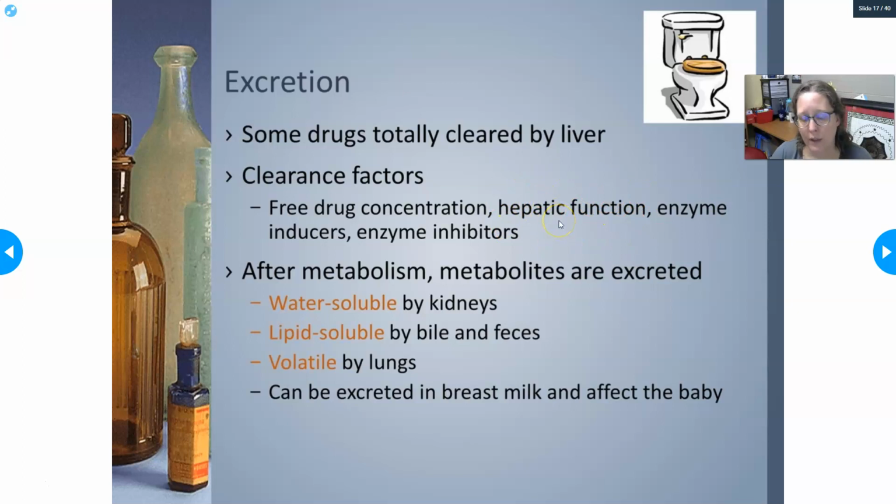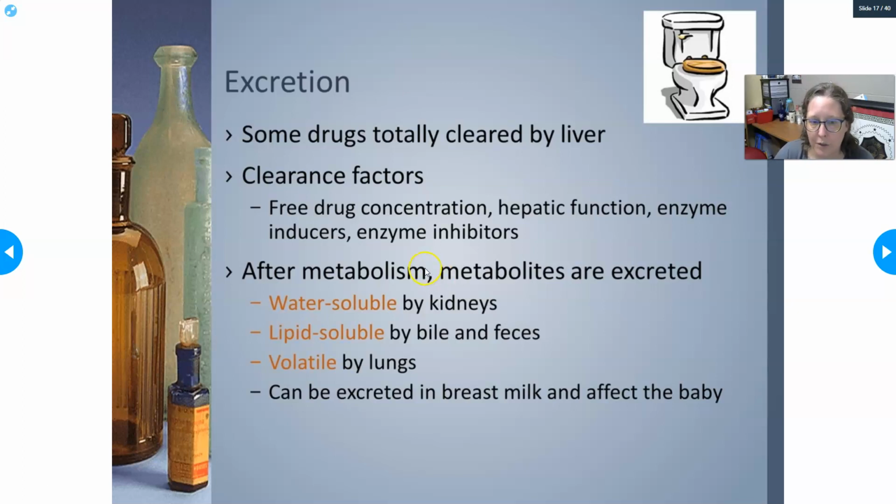Do they have fatty liver disease? Do they have hepatitis? Or do they have cirrhosis of the liver? Are there problems there? Are there any enzyme inducers or enzyme inhibitors present that would affect the metabolism of the drug by that CYP450 family of enzymes?